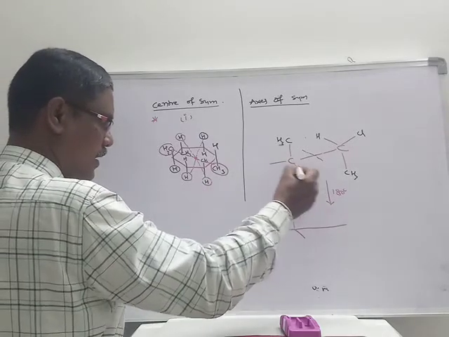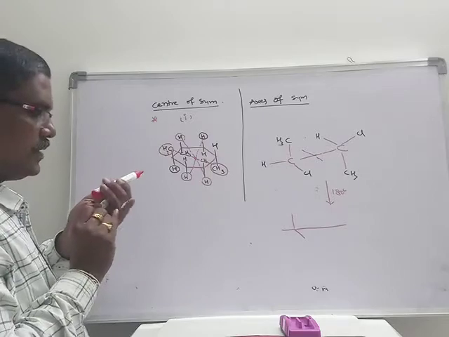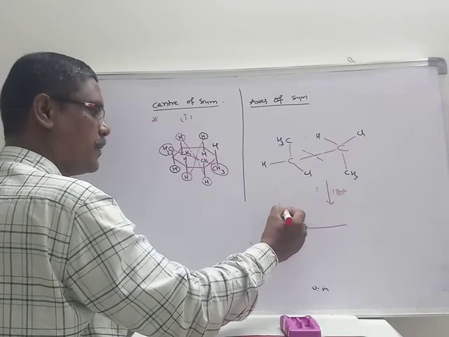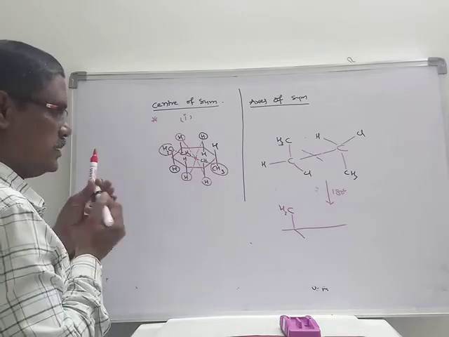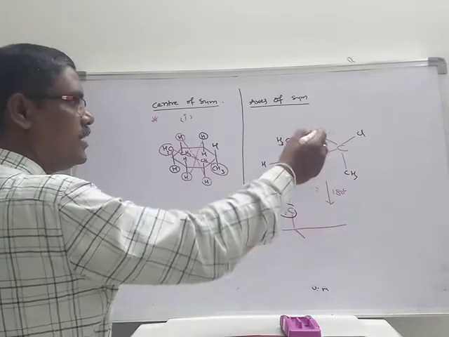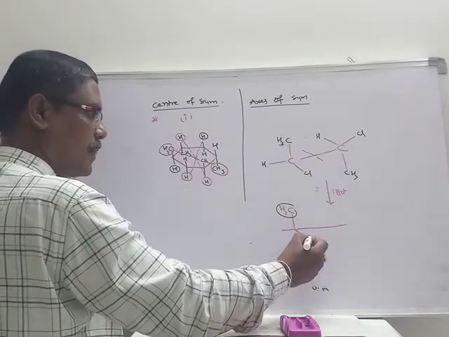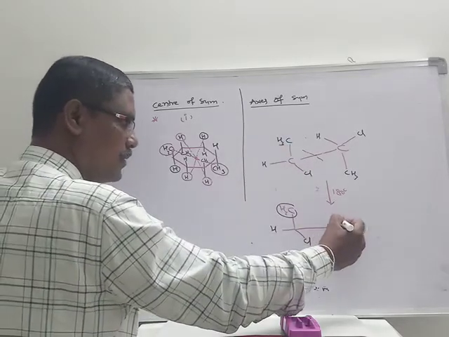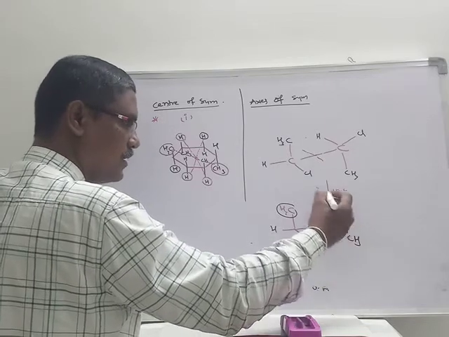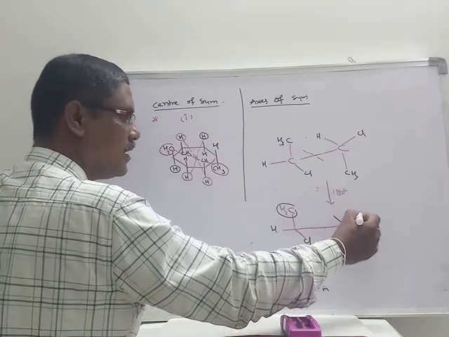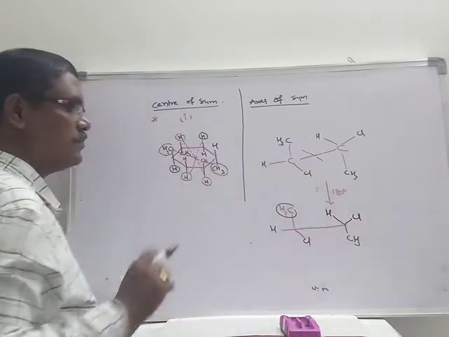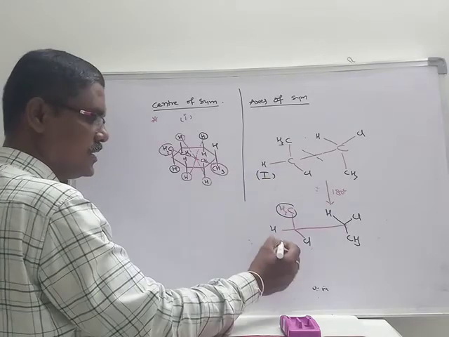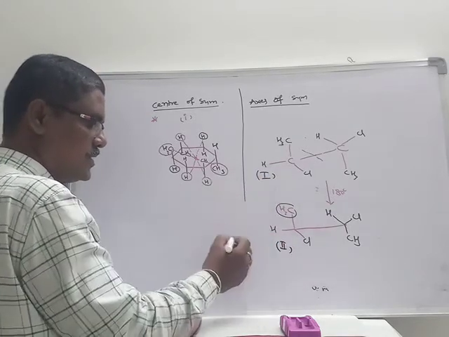Here Cl, here H. This downside CH3 will come upside, and Cl is the same and H is the same, and this upside CH3 will come to downside, with the remaining Cl and H the same. Compare this. This is the original first structure, this is the second structure. The first and second structures are equal.